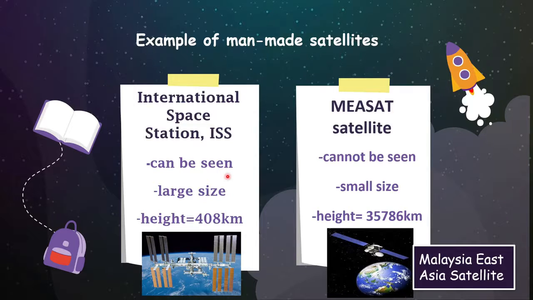ISS can be seen because it has a large size and it is not far from the Earth. It's only 408 kilometers. But MEASAT we cannot see because it's small and it's very far from Earth, which is 35,786 kilometers.